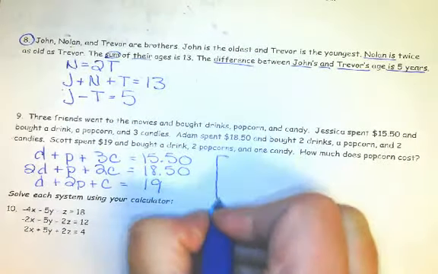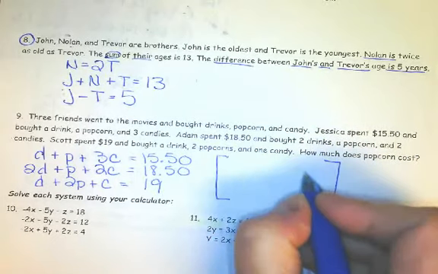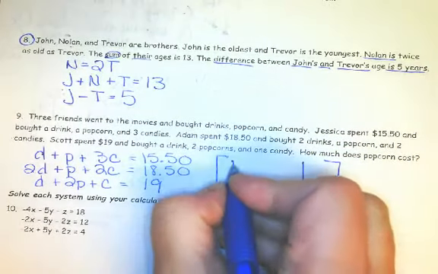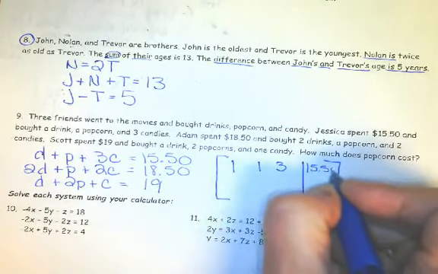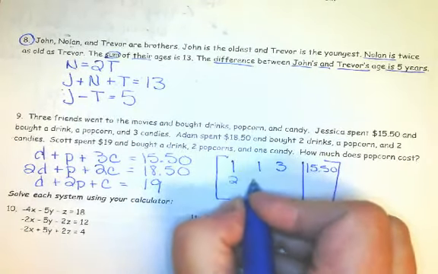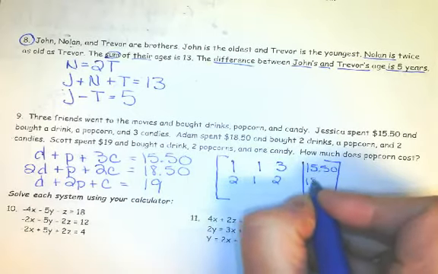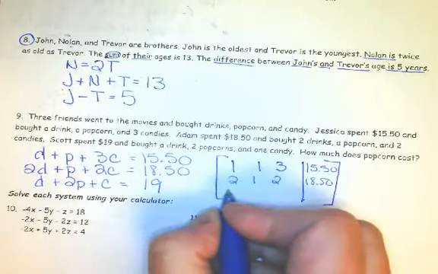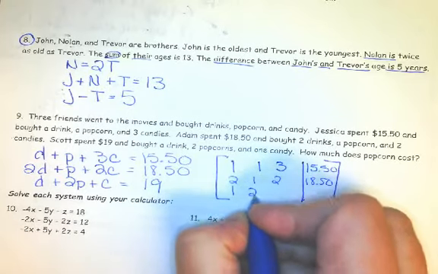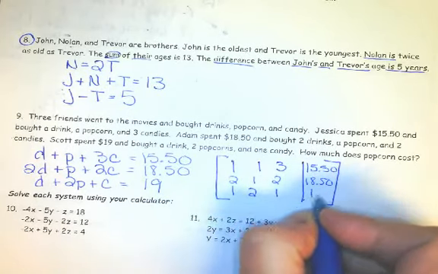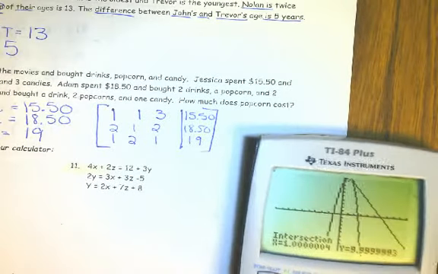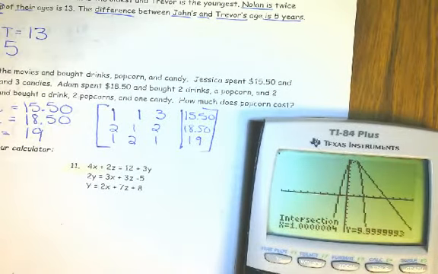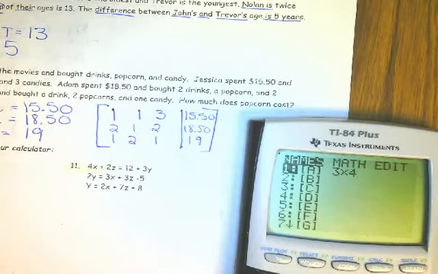Okay, so if I come over here and actually do my matrix, I have 1, 1, 3, 15.50. I have 2, 1, 2, 18.50. And then I have 1, 2, 1, 19. Okay, so if I put that in my calculator, I'm going to go to the matrix, the second matrix.